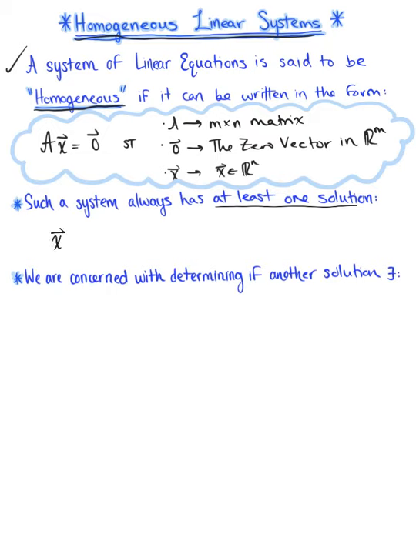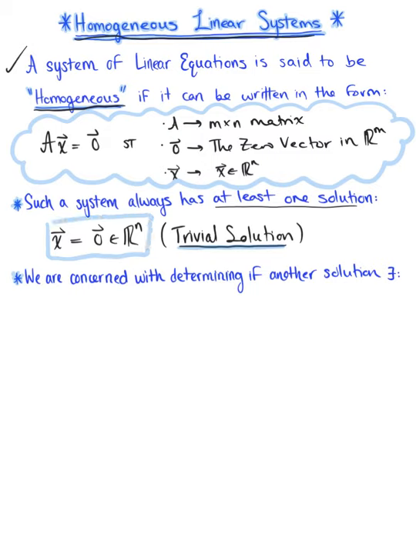So homogeneous equations always have at least one solution, the zero vector. Now, this is the zero vector in Rn. And we call this solution the trivial solution. So a homogeneous linear system or homogeneous equation always has a trivial solution, the zero vector.